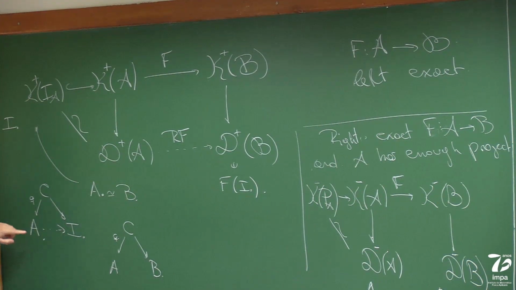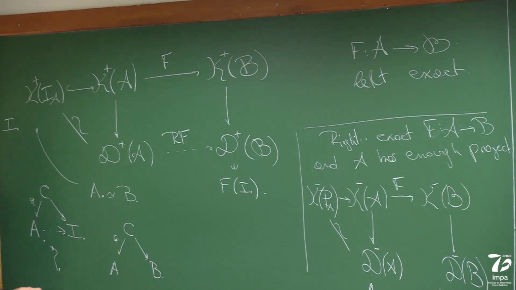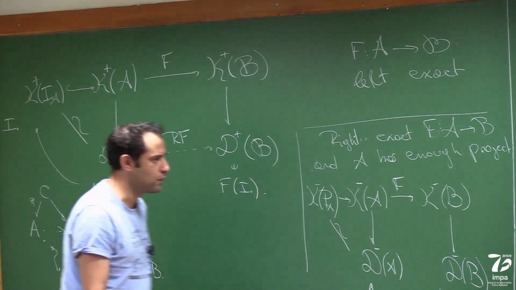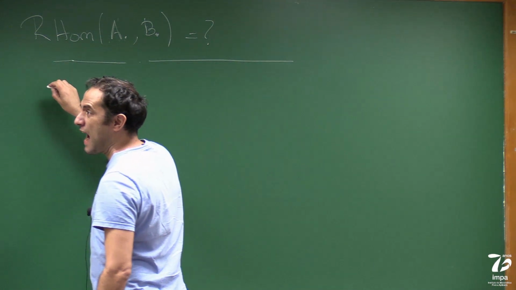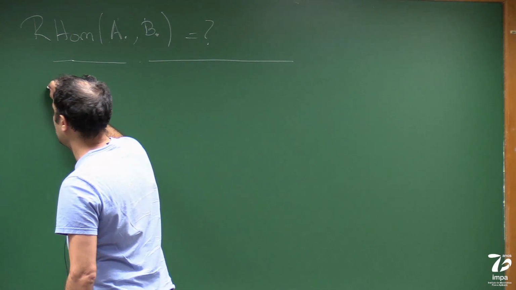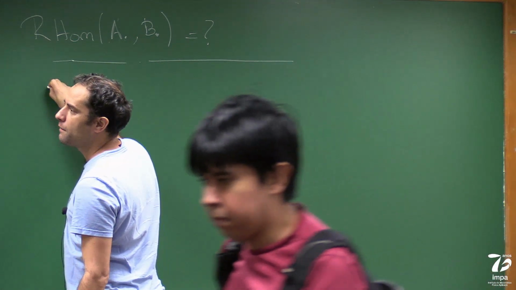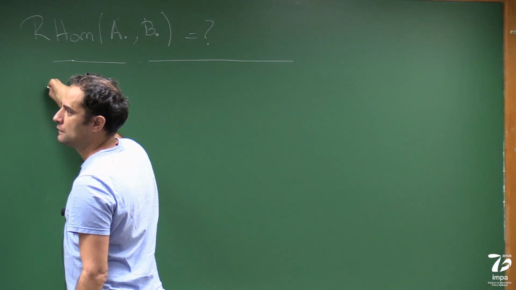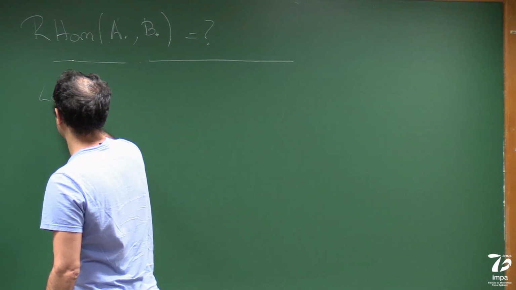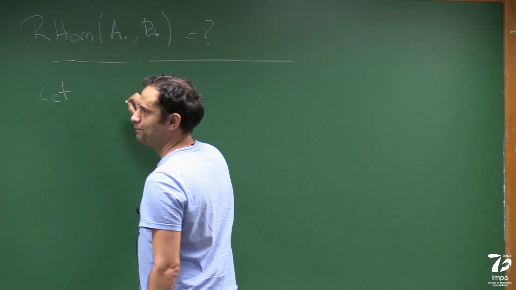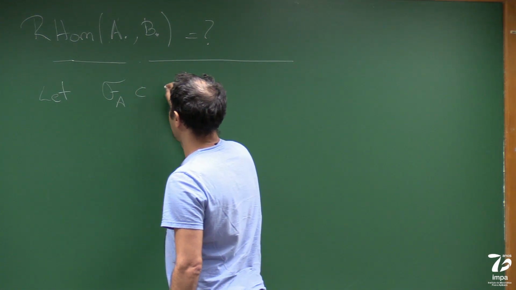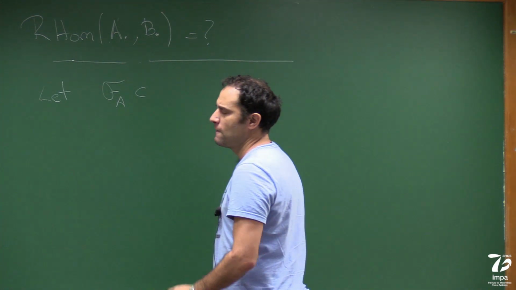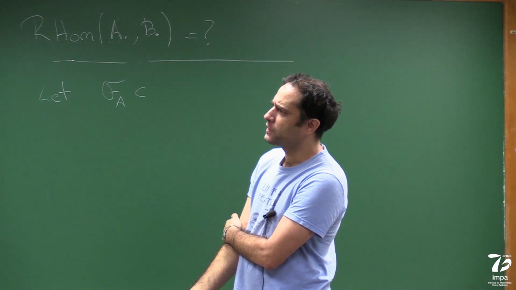Now, how was it that we proved this statement here? We only needed the following out of the complexes of injectives. The only thing we used is that we had this I. Let me call this now, let's do this in the most general case.